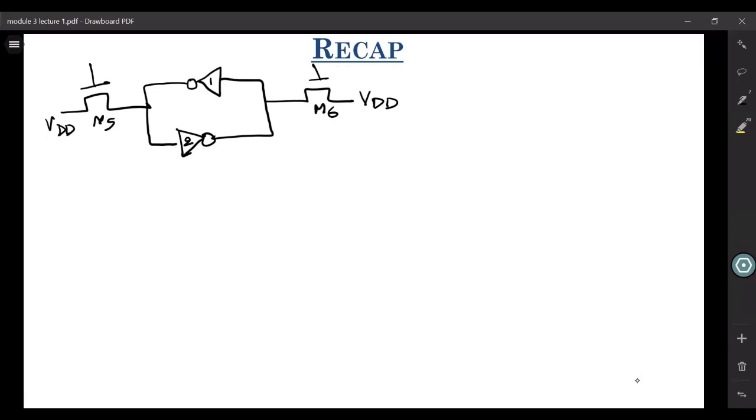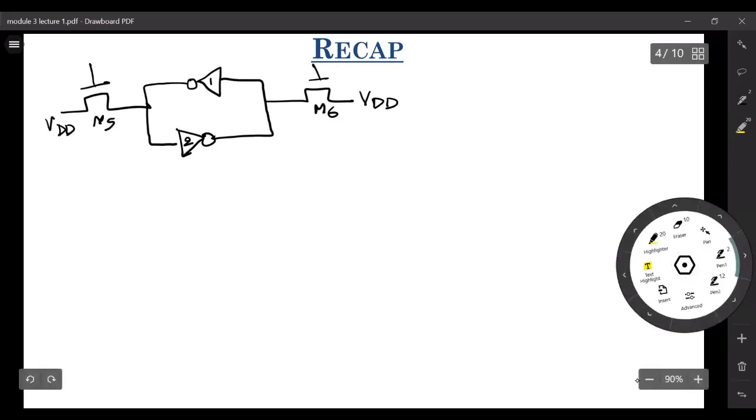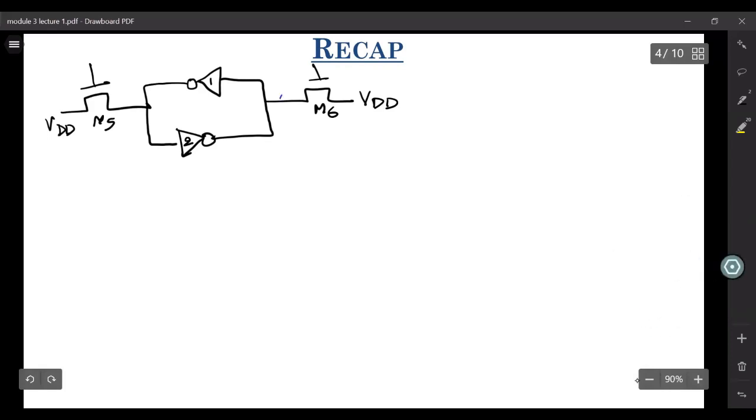During read, if we apply our inputs over here and check the output over here for inverter 1, the VTC that we got was something like this. It started here at VDD, but it went only till a point which is Vx.